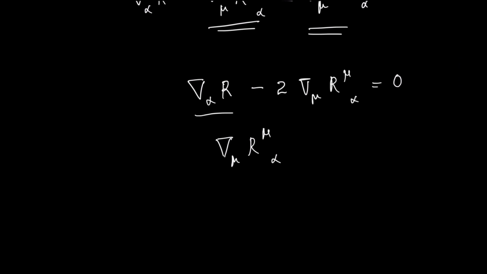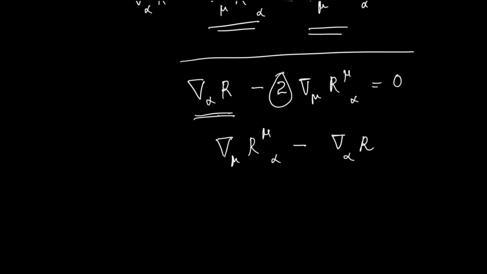This is a positive quantity, so when this goes to the other side, I can write minus R, right? And this 2, I can divide the entire equation by 2. Therefore, I will get a 1 by 2 here is equal to 0.